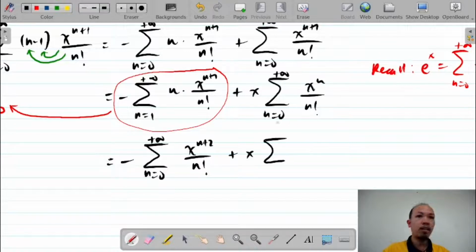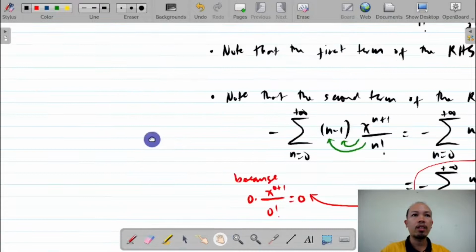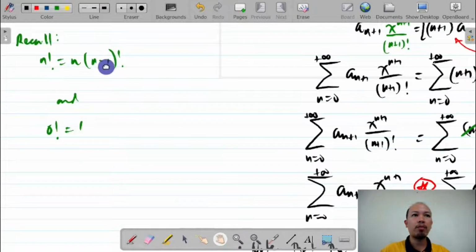Okay, sorry, notice that this expression here, we can cancel out. We can use this idea: replace n factorial by n times n minus 1 factorial.